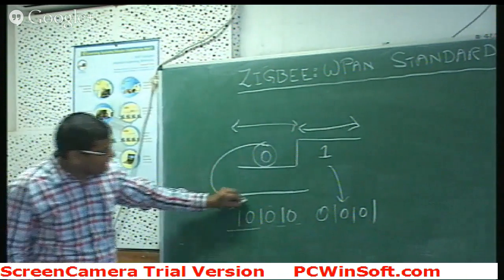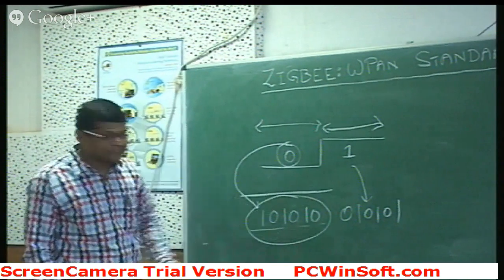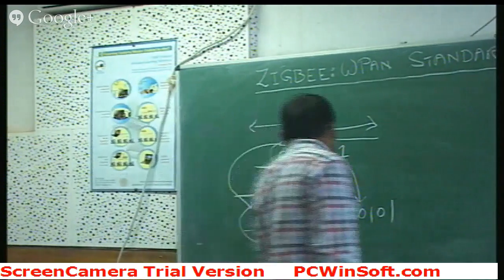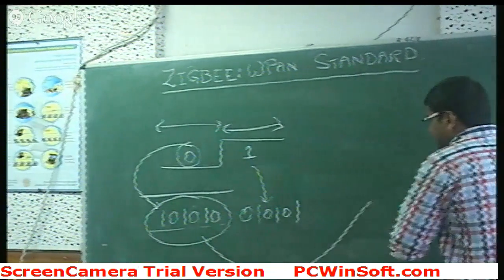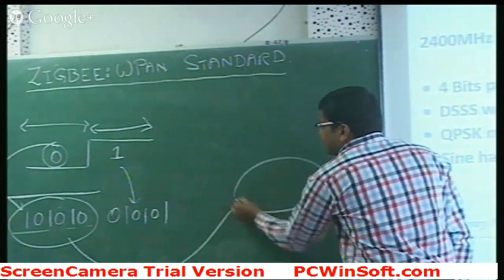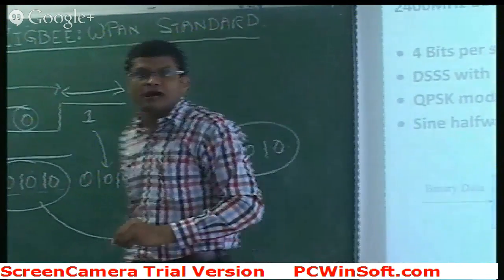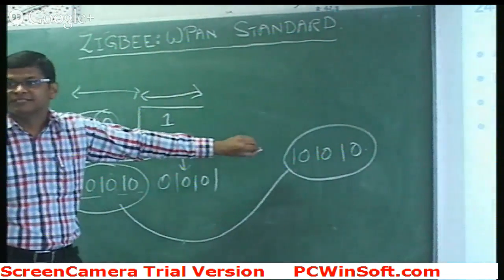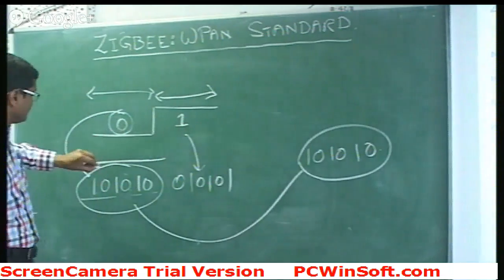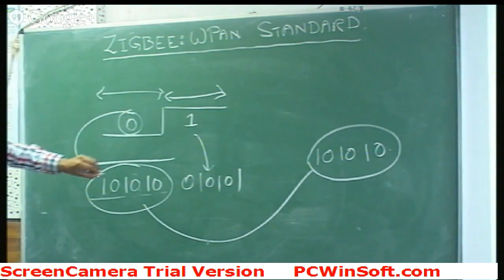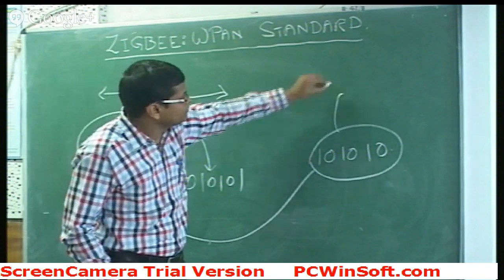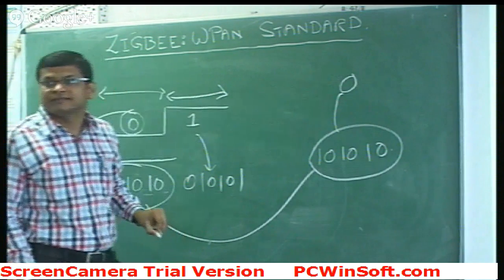And I communicate this signal to the other end. The receiver at the other end is also aware of the chip length and the symbol designation. So it decodes from this the actual signal.